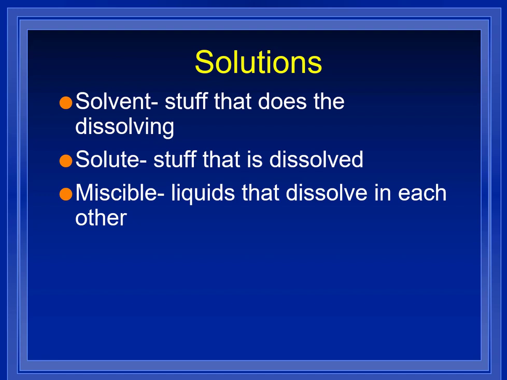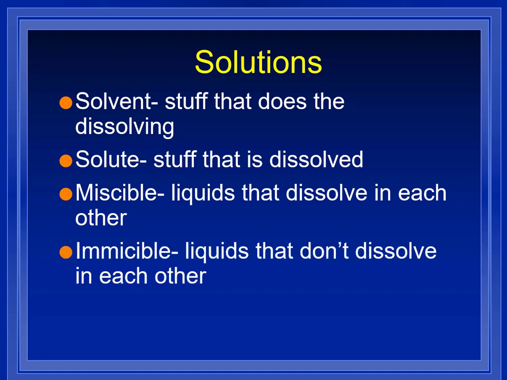Well, I put together oil and water. They don't mix because the water can't hang on to the oil. Right? So I need a word that's the opposite of miscible. So they got very creative, came up with immiscible. They didn't do unmiscible.